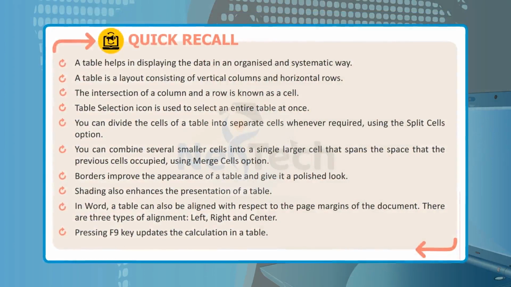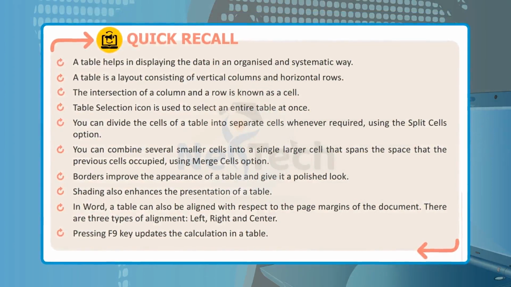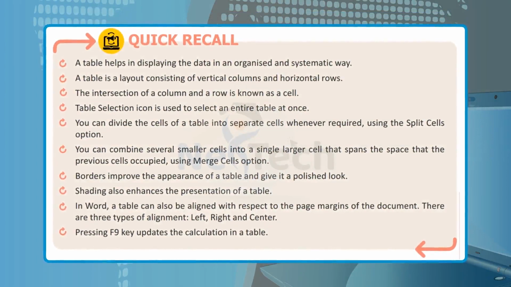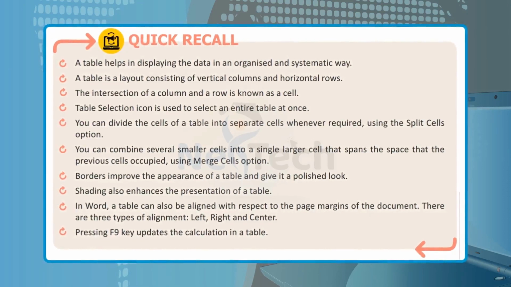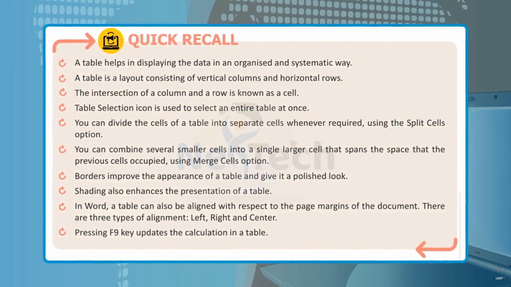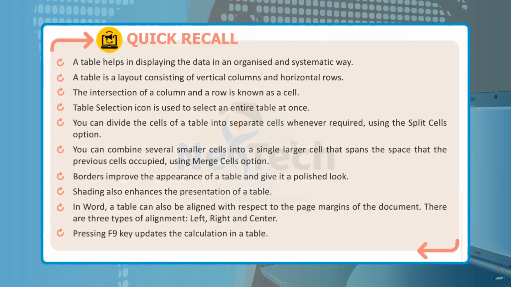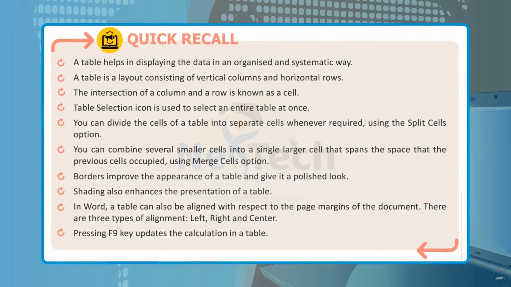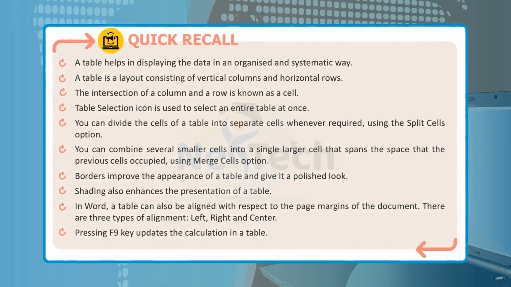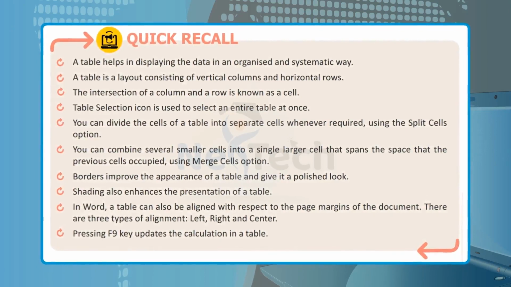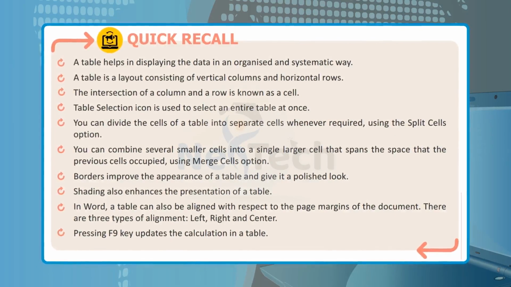Quick recall. A table helps in displaying the data in an organized and systematic way. A table is a layout consisting of vertical columns and horizontal rows. The intersection of a column and a row is known as a cell. Table selection icon is used to select an entire table at once. You can divide the cells of a table into separate cells whenever required using the Split Cells option.